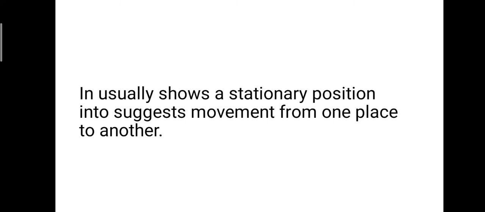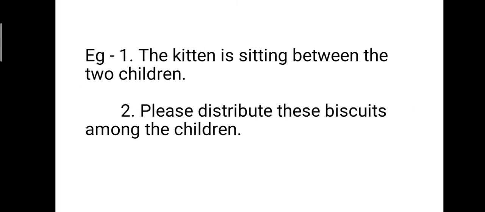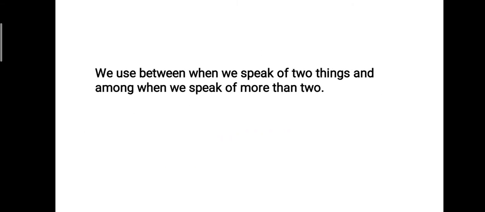So students, in usually shows a stationary position and into suggests movement from one space to another. Then between and among. So students, between is used when we speak of two things, and among when we speak of more than two things.